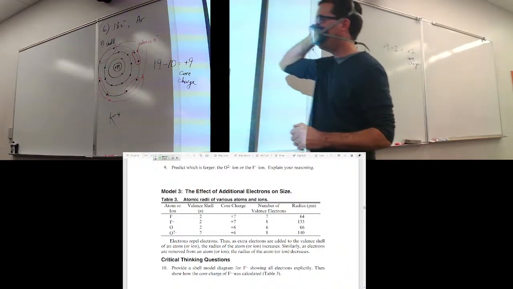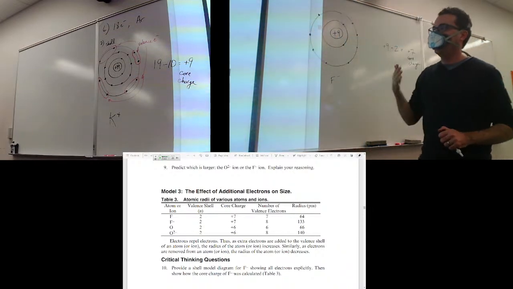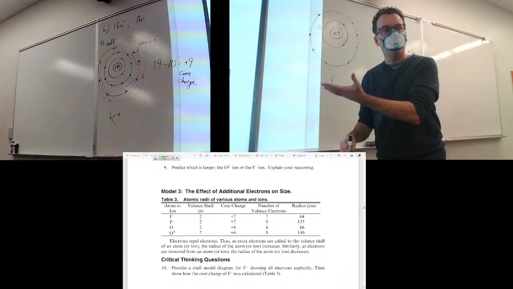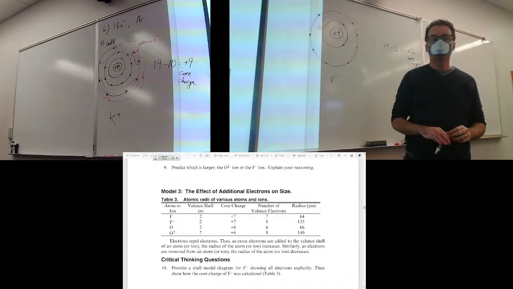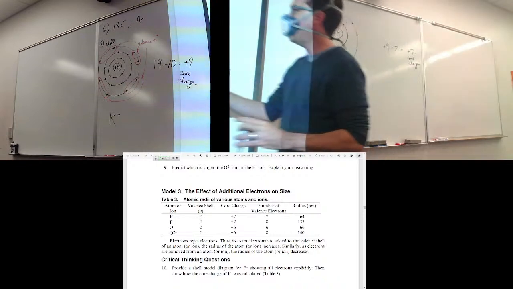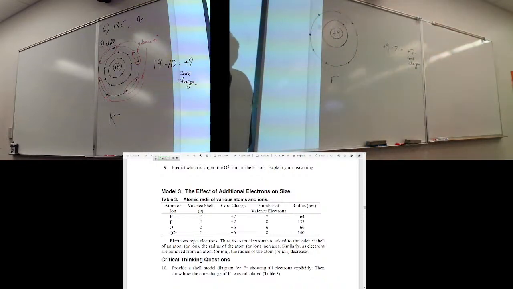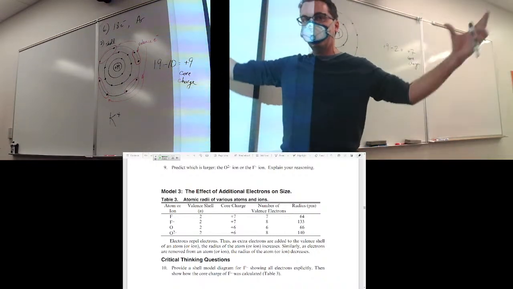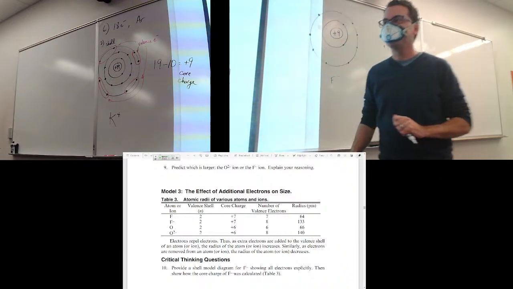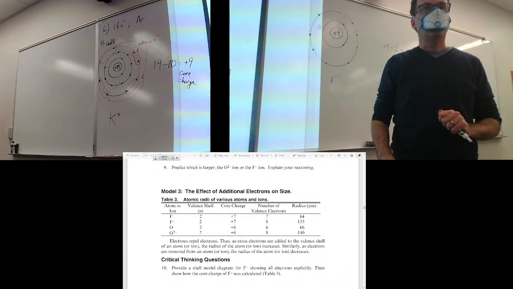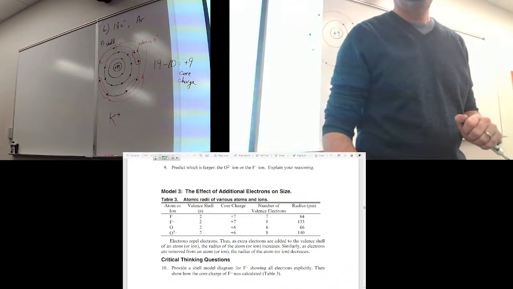Why? N3 minus is going to have a +5 core charge, and it's going to have 8 electrons. So with a +5 core charge and 8 electrons just like these, those electrons should be further away. They're not held on as tightly. Okay, so far so good?